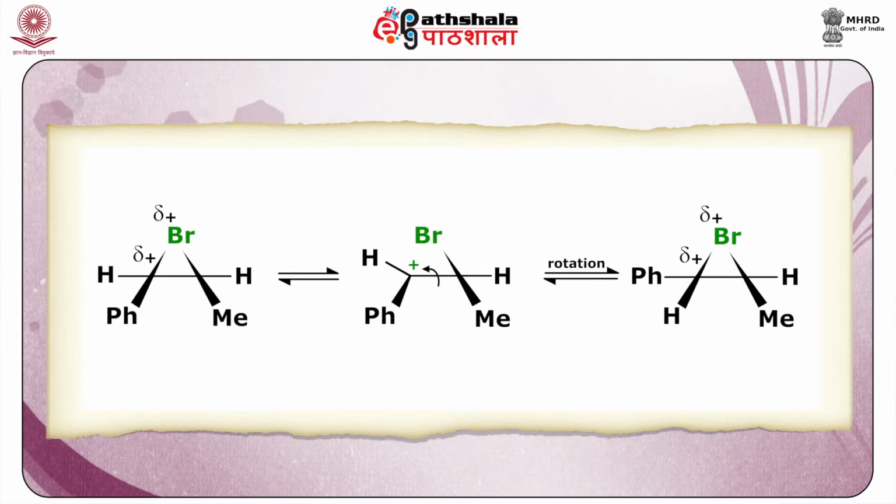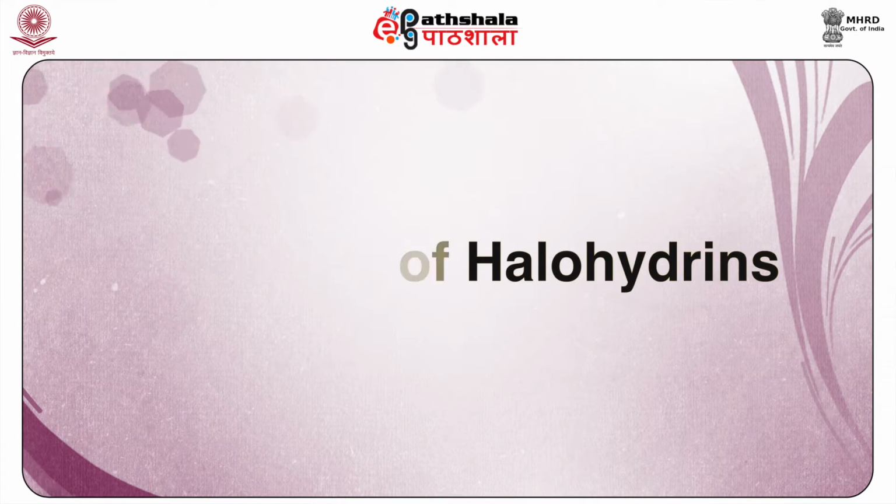So, as you can see here, if you have this phenyl as a substituent in the precursor alkene, the bridged bromonium ion which is formed will break and form this more stable benzylic carbocation, and immediately it can be attacked by Br minus, which can happen from the same side as well, and that is why there is a loss in stereoselectivity. So, there is greater syn addition which can happen rather than only the anti mode of addition for halogen. Now, coming to the formation of halohydrins.